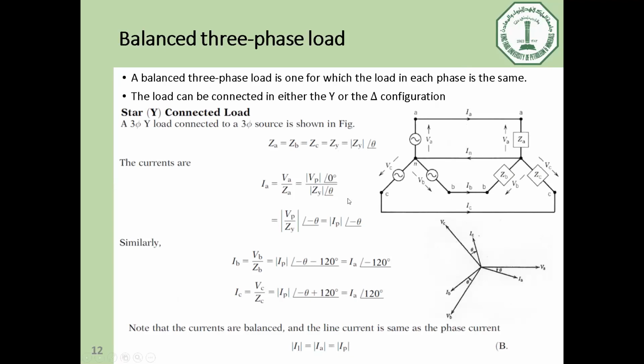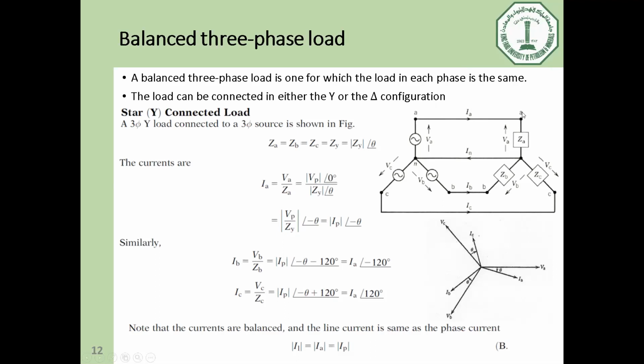So the magnitude will be I phase at angle minus theta, which is the same angle of the impedance. And similarly, IB equals the same value of the phase current, because the voltage and the impedance are the same magnitude, and the angle only will be shifted by minus 120 and plus 120. So these are the relations of IA, IB, and IC.